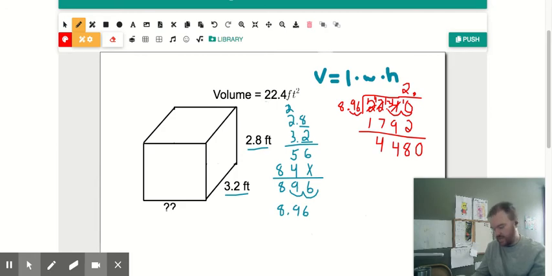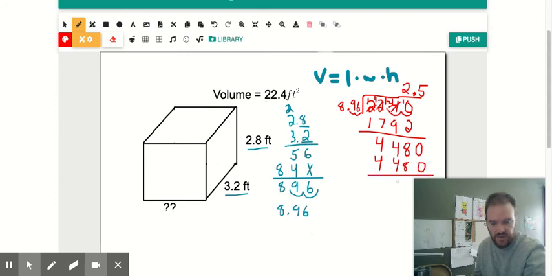So 896 times 5 is 4,480. Oh, it goes in exactly 5 times. Perfect. So it does work. 5 times 896 gives me 4,480, and I have a remainder of 0. So my missing length is 2.5 feet.